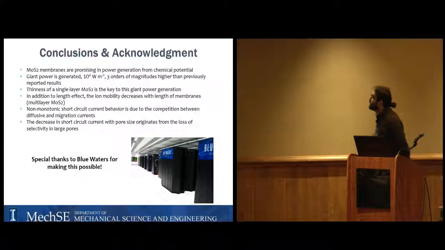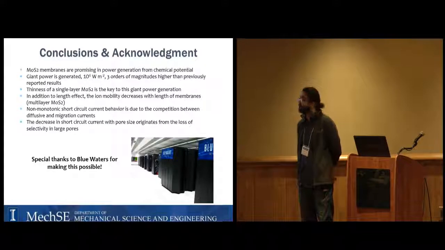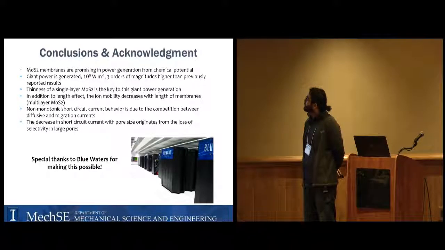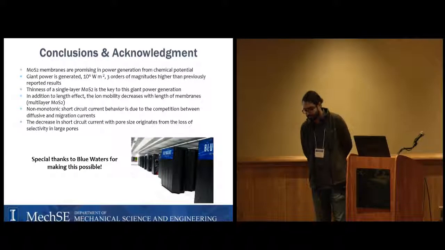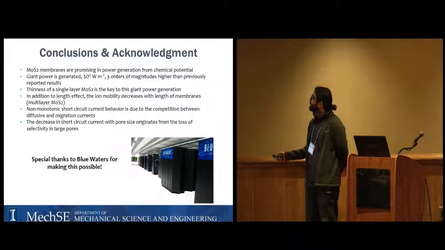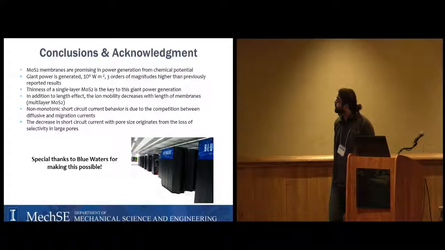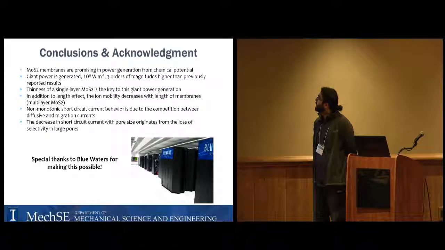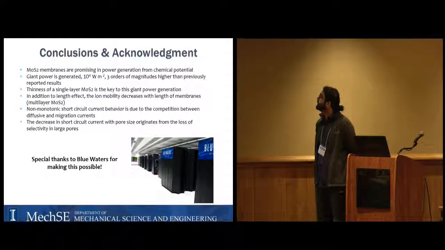In conclusion, we showed that MoS2 membranes are very promising to get electricity out of salt concentration gradient, with a giant power of 10 to the 6 watt per meter squared of the membrane, and the reason behind that is the thinness of this molybdenum disulfide, which makes it very unique.